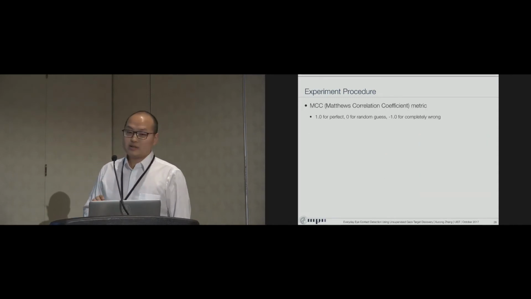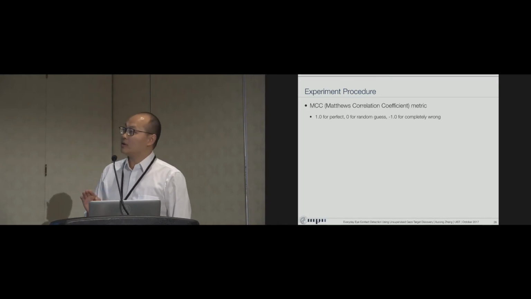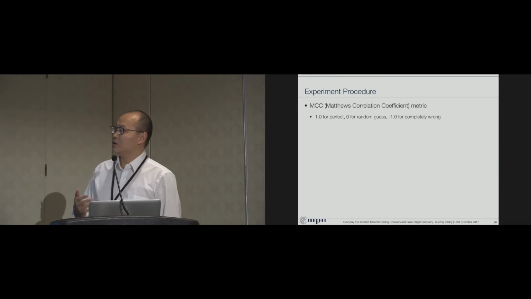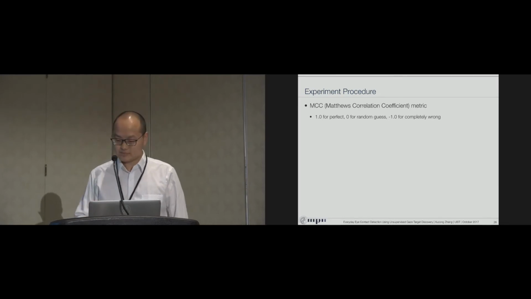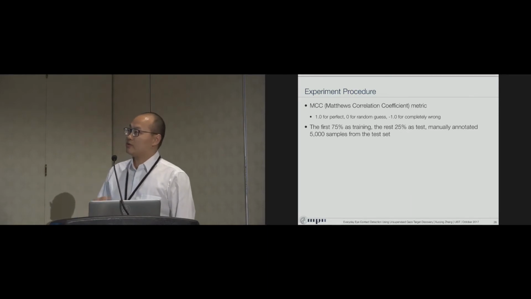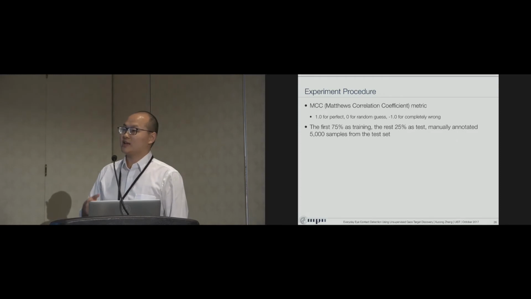During the experiment, we used the MCC score as the error metric, where 1.0 means perfect prediction, 0 is just a random guess, and -1 is completely wrong prediction. For each evaluation, we use the first 75% as training and the remaining 25% as test.